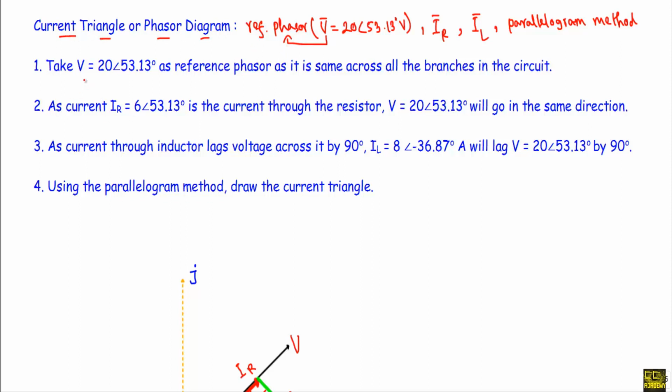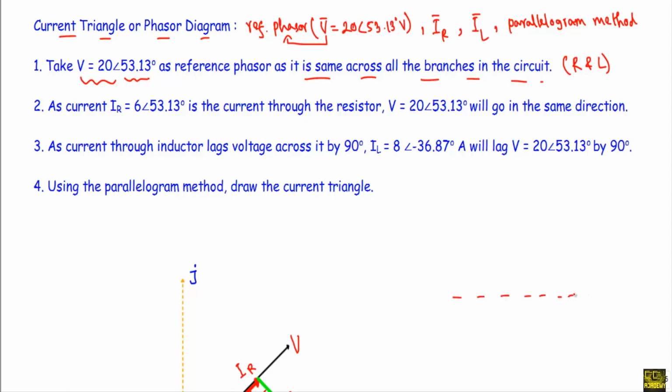So at first we will take V equal to 20 volt, phase angle 53.13 degree as reference phasor, as it is same across all the branches in the circuit.